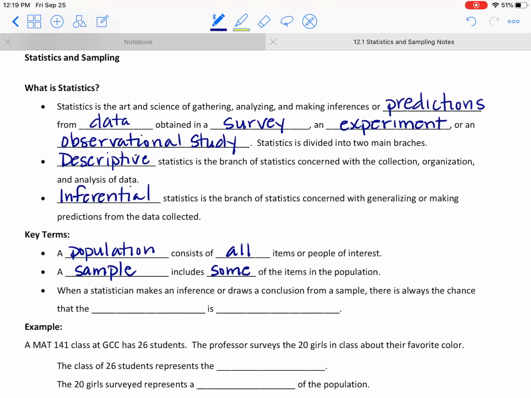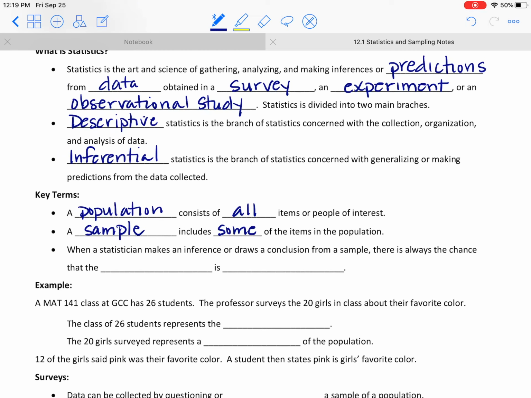So those are pretty strong results that say blue is a pretty popular color, right? So maybe you go to ask another person what their favorite color is, and your prediction might be blue. Is that guaranteed? Well, no, because there's tons of other colors, right? So when a statistician is making an inference or drawing a conclusion from a sample, there's always the chance that the prediction is wrong. Because it is just a prediction after all.